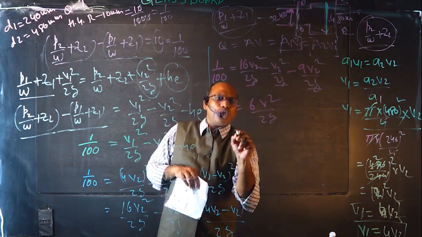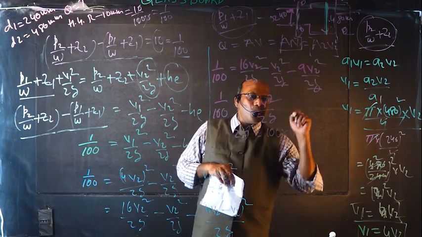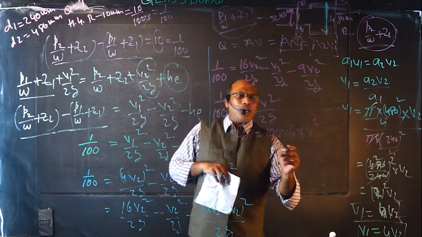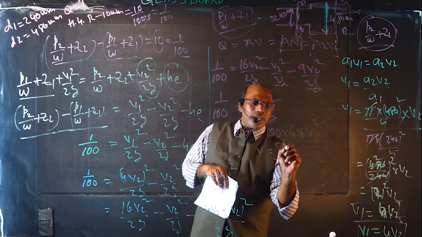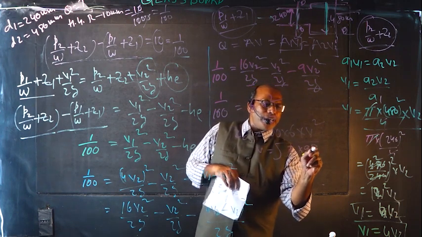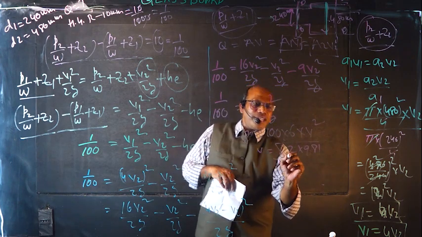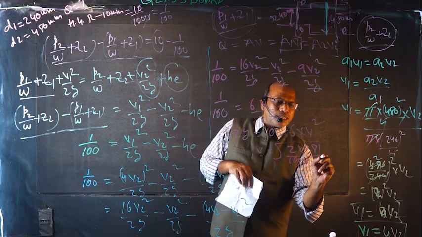Therefore V square is equal to 2G divided by 100 into 6. V equal to square root of 2 into 9.81, where G is the acceleration due to gravity 9.81, divided by 100 into 6.